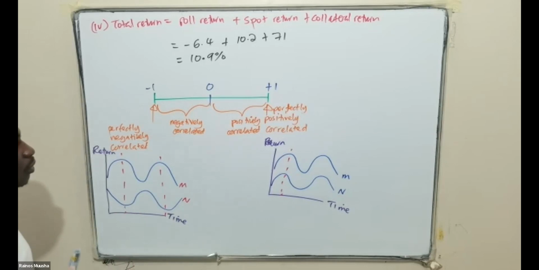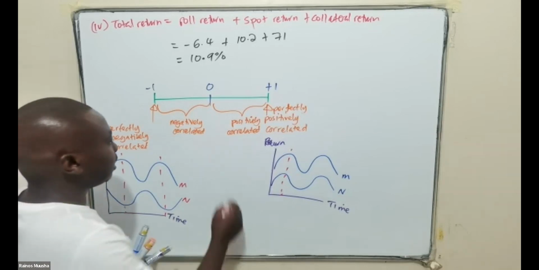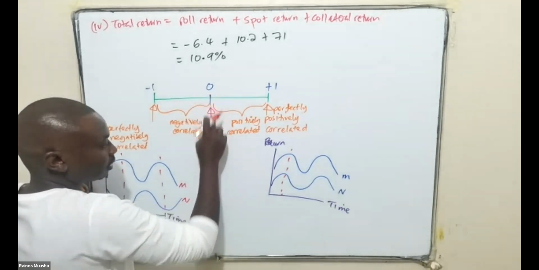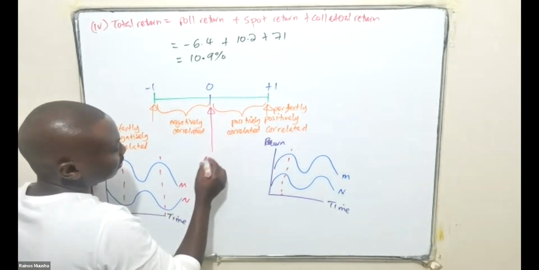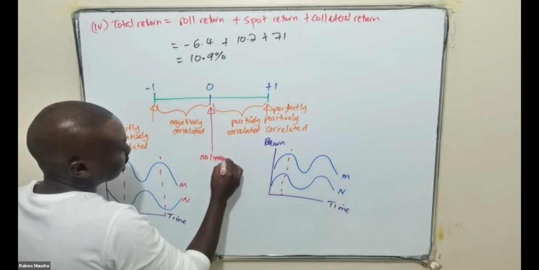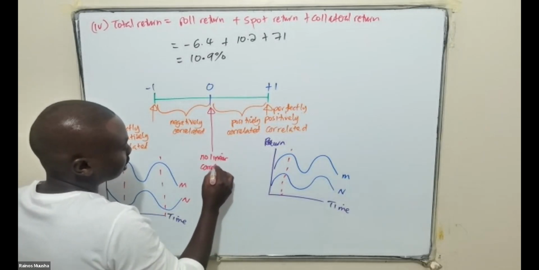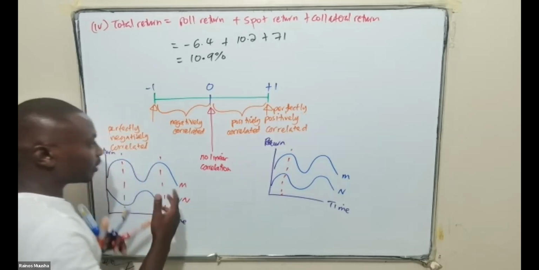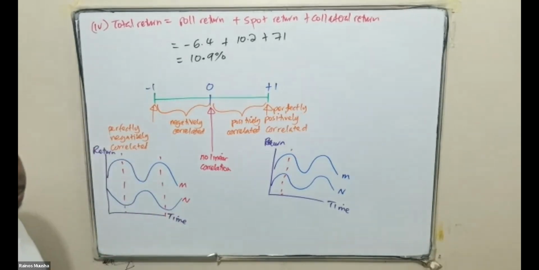Then, when the correlation coefficient is at 0, we just say there is no linear correlation, because it's more random than any pattern that you can come up with to say, is it generally going up or is it generally going down?